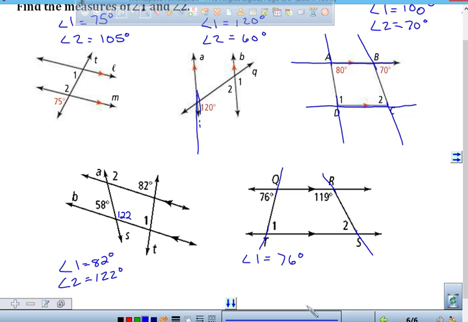Okay. Angle 2, Marshall. What are we going to do for angle 2? Yeah, let's pay attention. Jack, what do you think? Okay. 180 minus 119, why?